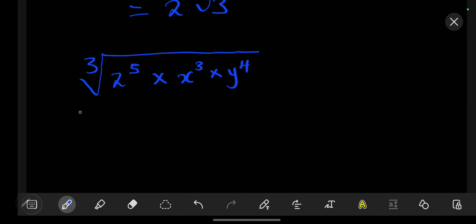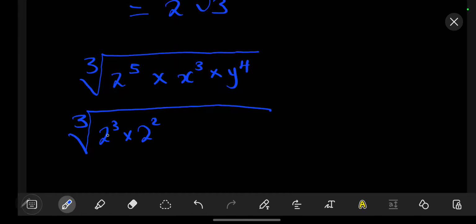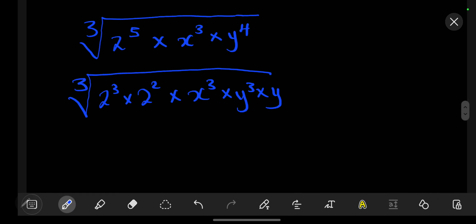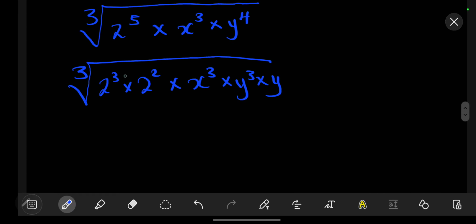So now this is the same as having the cube root of, let's split. We have 2 to the power of 5, which is the same as 2 to the power of 3 times 2 to the power of 2, so that when I take one base and add the powers, I go back to 5. Then we have times x to the power of 3. Then y to the power of 4 is the same as y to the power of 3 times y. The reason I have raised it to the power of 3 is because I know it's the cube root.